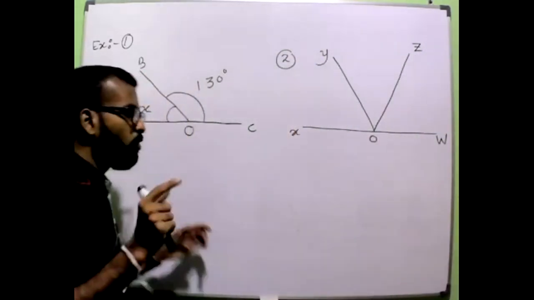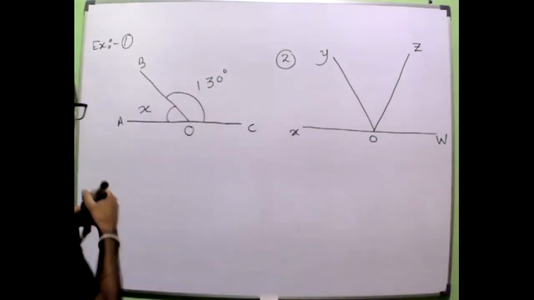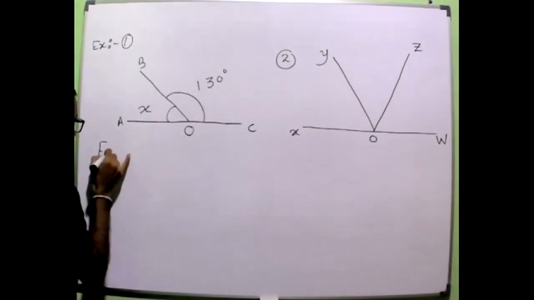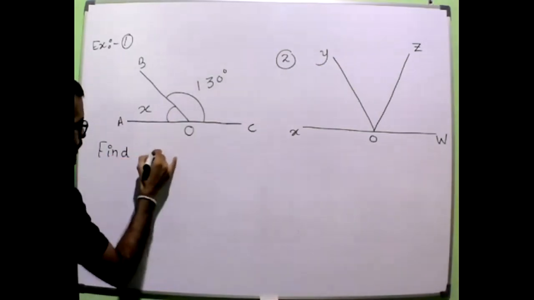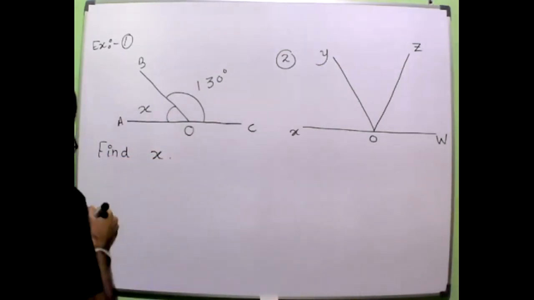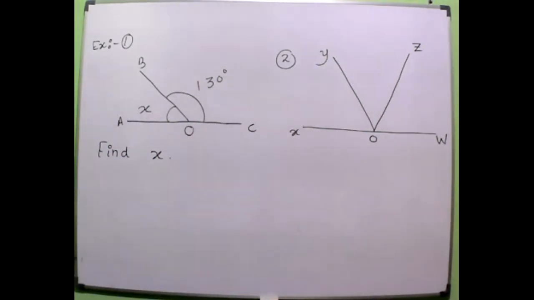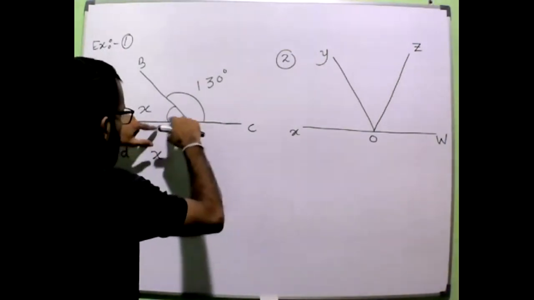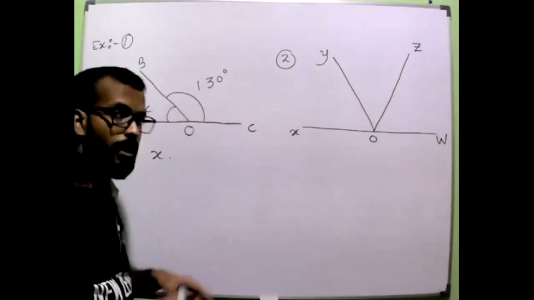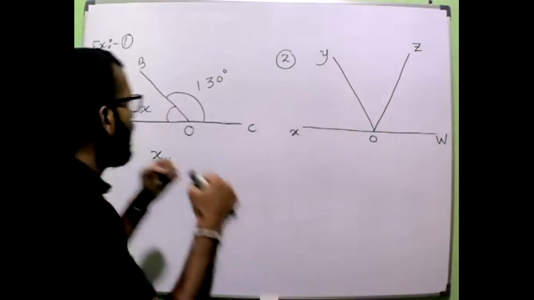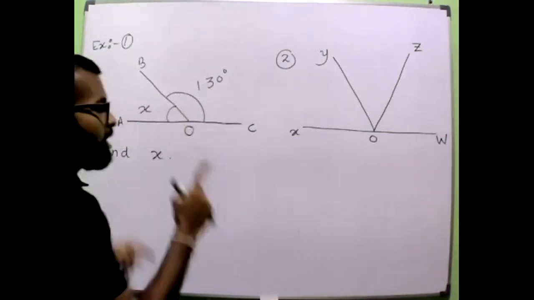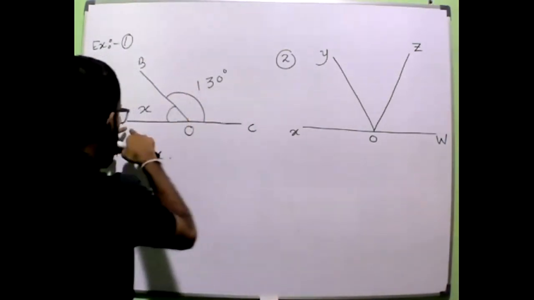Now they are asking us to find X. So you need to find the magnitude of X. Now you know these two are adjacent angles, and those two adjacent angles are on a straight line.